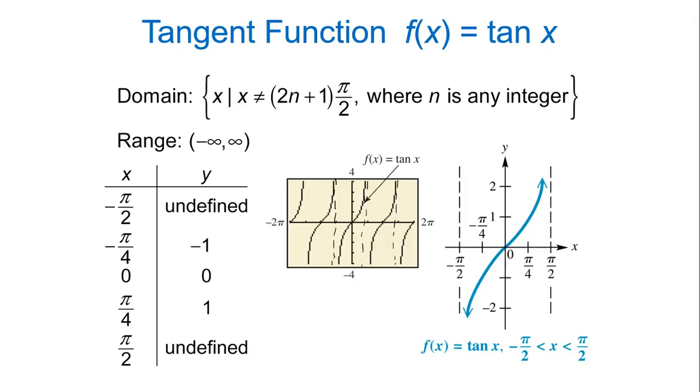All right, so the domain of our function is this right here: for all x values that are not equal to this right here, where n is just some integer. And then this right here is our range.